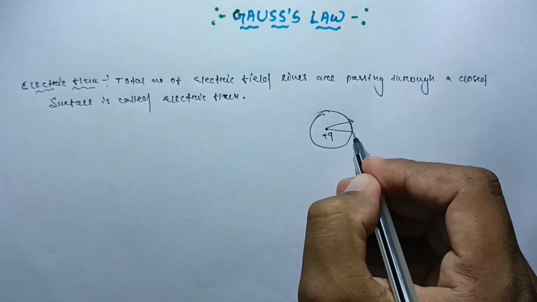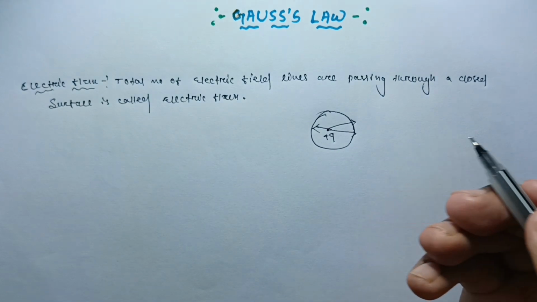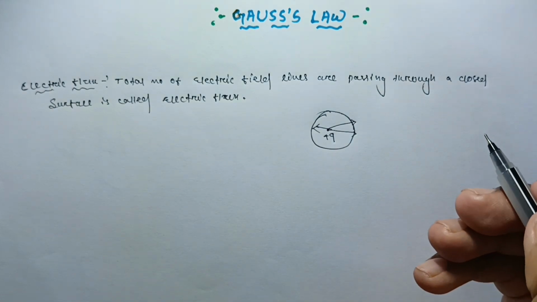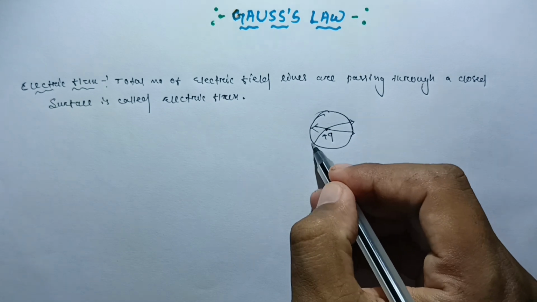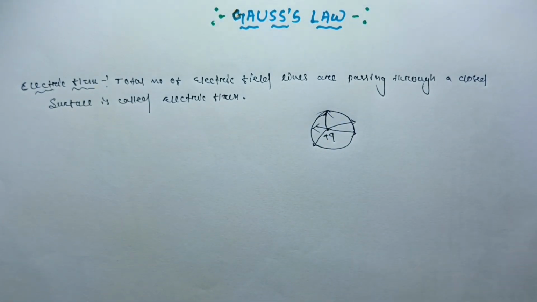So the sum of the total electric field lines passing through the closed surface is called electric flux, right? So Gauss law states how we find the electric flux in a closed surface. So let's start.